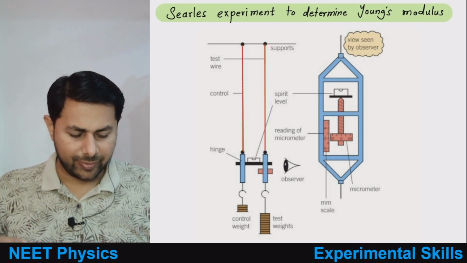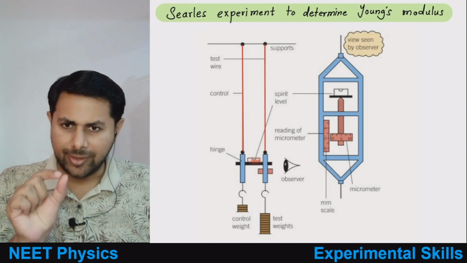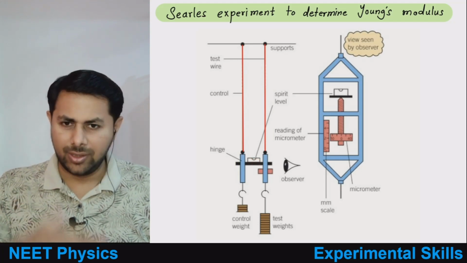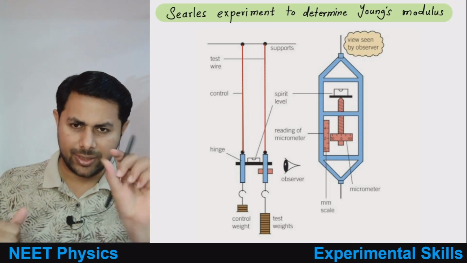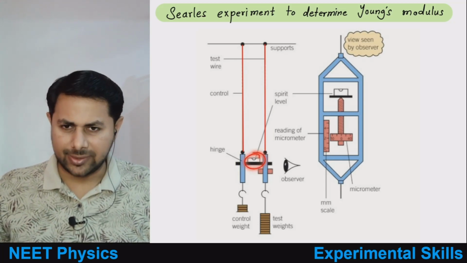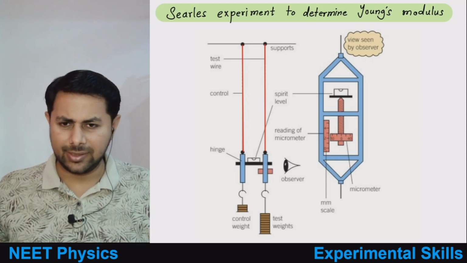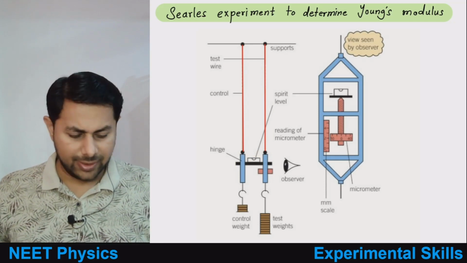And you take a reading. I mean, you again balance this bubble in the spirit level, so it will shift on one side, then you will rotate the screw in such a way that this thing is balanced, then you will take the reading. In that way you measure the change in length, right?